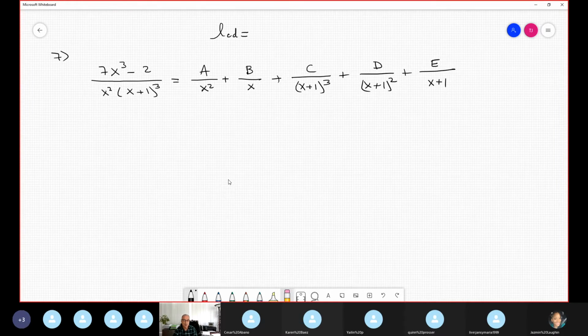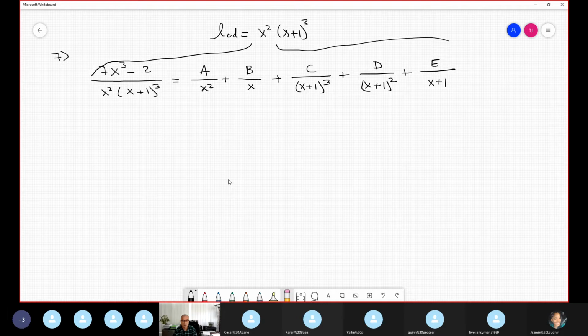The LCD is x squared times (x plus 1) cubed. When you multiply the entire equation by the LCD, on the left-hand side we have only 7x cubed minus 2.